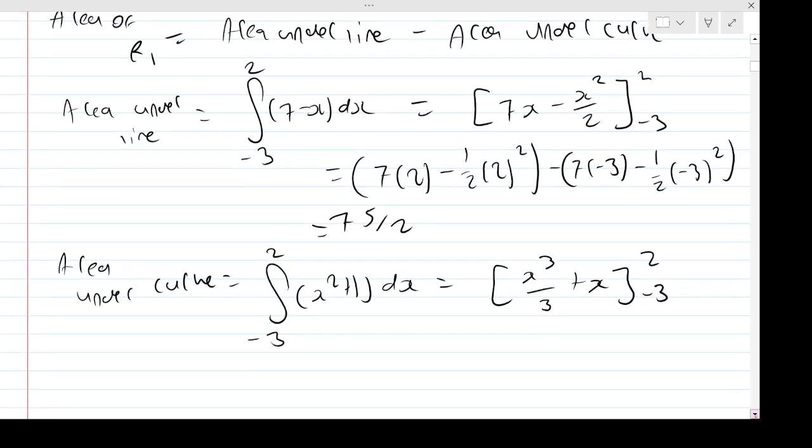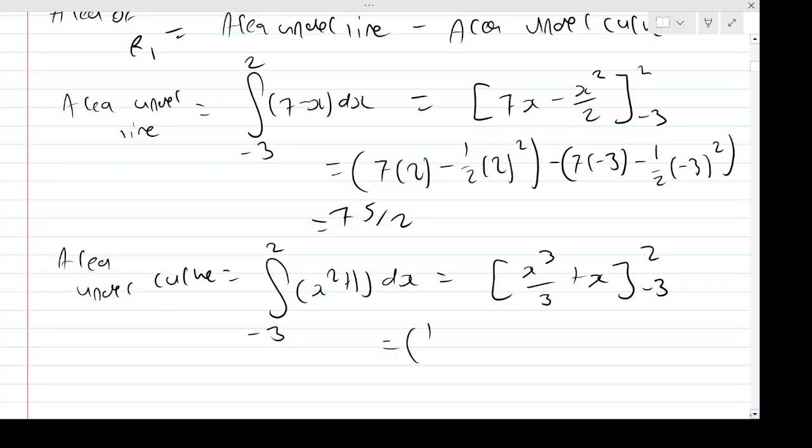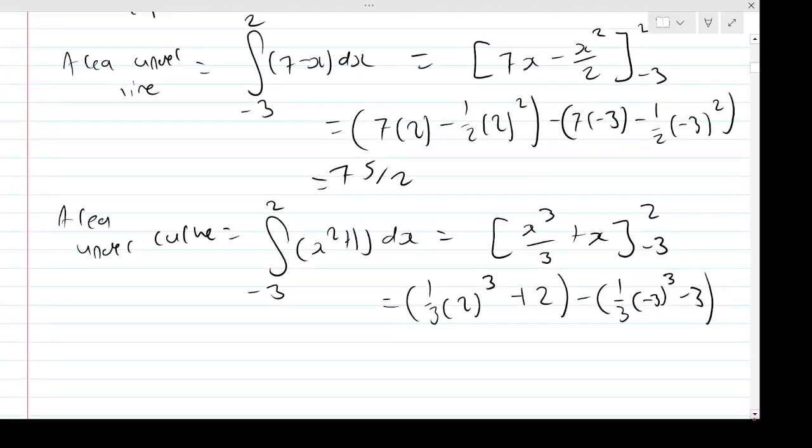So now if we sub our limits in, that'd be a third of 2 cubed, add 2, take away a third of -3 cubed, add -3. Put all that in the calculator, we get 50 over 3.